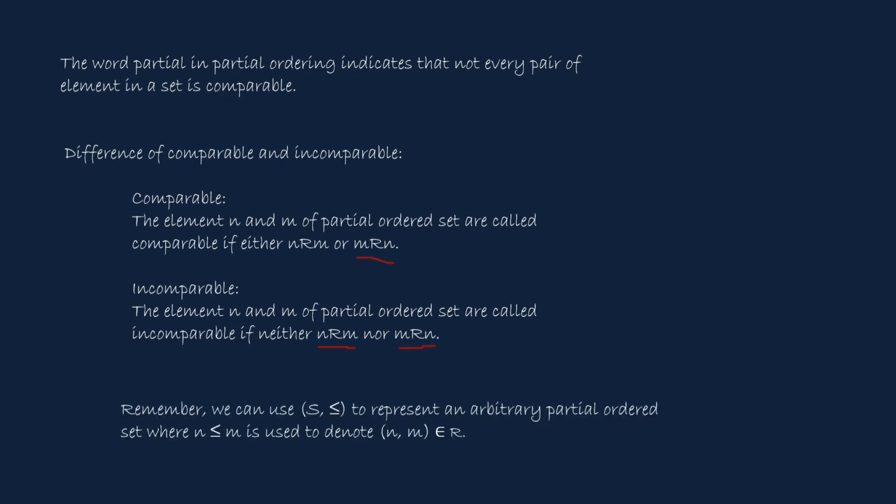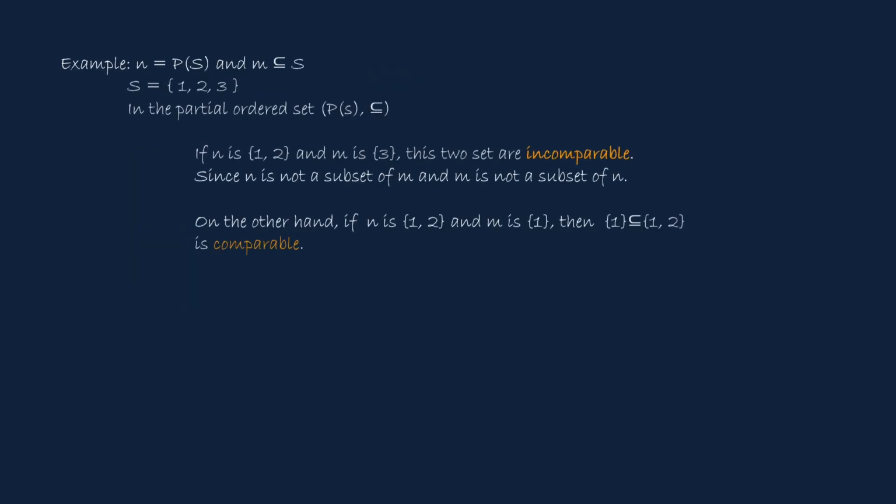Remember, we can use S with the relation to represent an arbitrary partially ordered set, where n is related to m is used to denote n, m, which are elements of R. To show the difference between incomparable and comparable, here is an example. Let n be in the power set of S, and m a subset of S, where S is equal to 1, 2, 3.